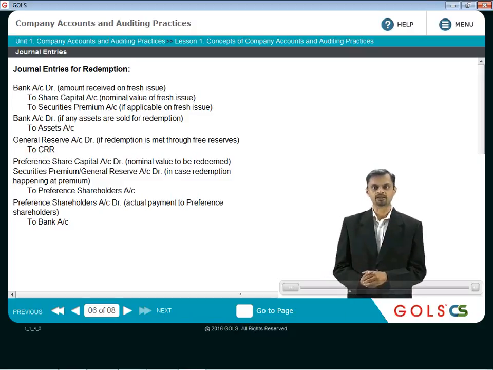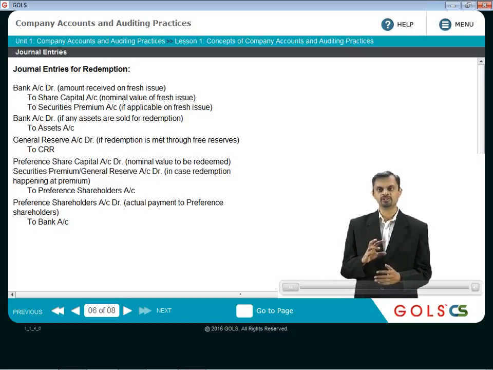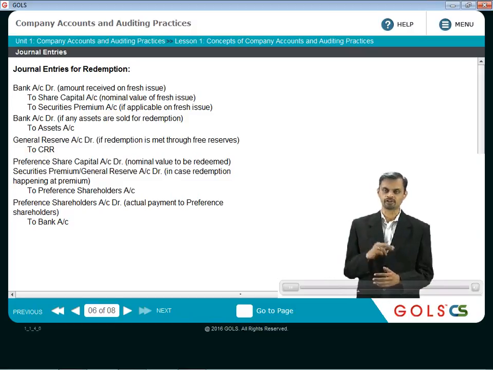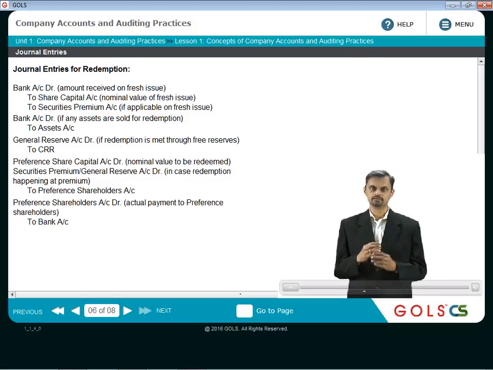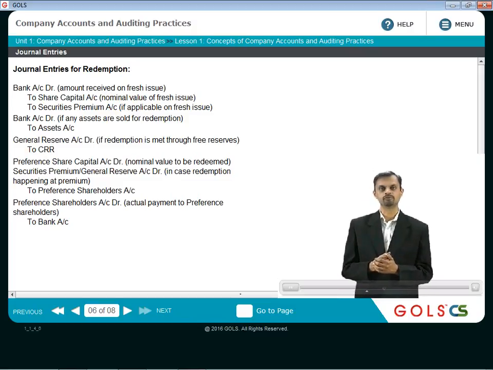And similar to buyback, any nominal value of preference shares redeemed not out of the fresh issue of shares, that much portion will have to be transferred to CRR from the free reserves.